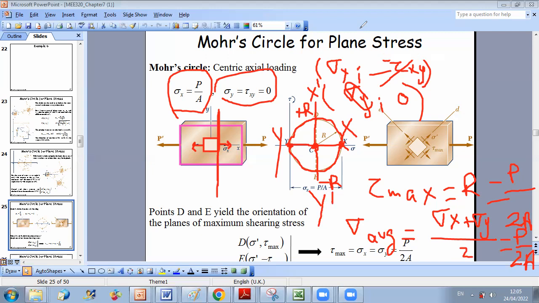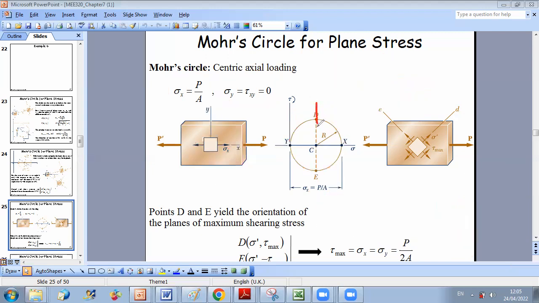One second, if you want to be accurate. We have that this point D corresponds to coordinates sigma prime and plus tau max.